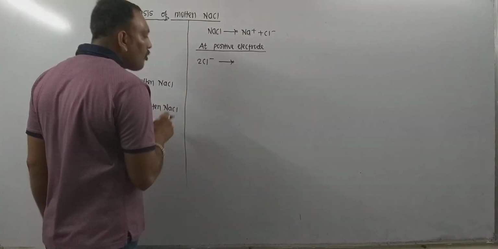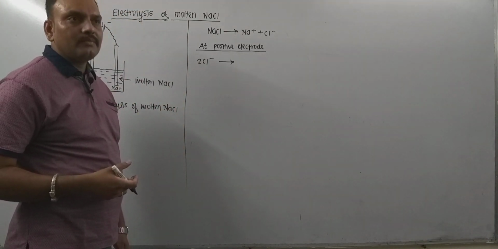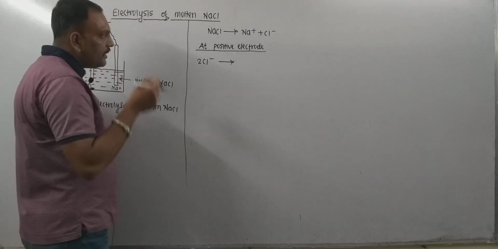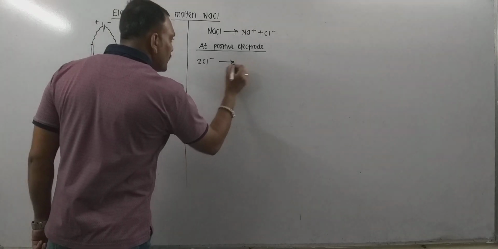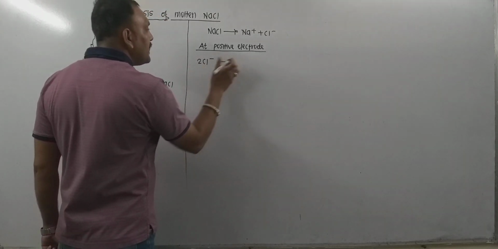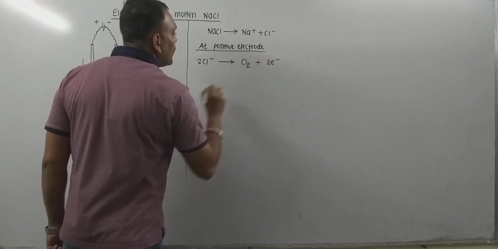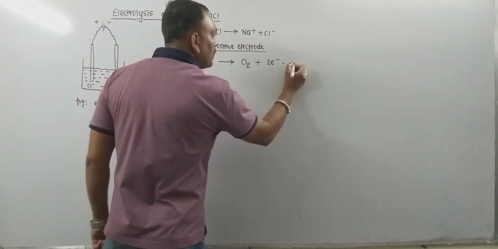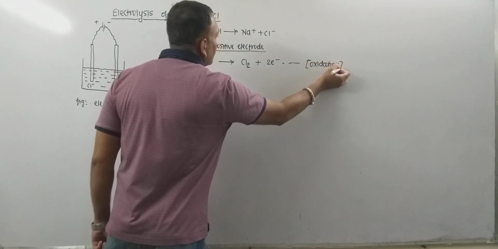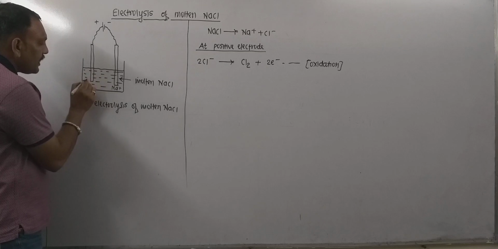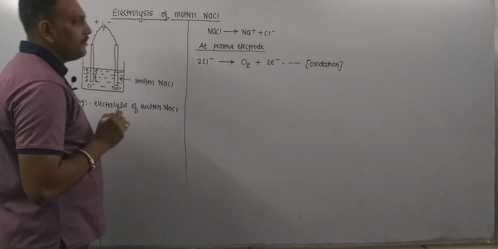By losing electrons, chloride ions discharge, and thereby liberation of chlorine gas takes place. On oxidation, chlorine gas gets liberated and electrons get set free. Remember, this is the process of oxidation. Thus, at this electrode, effervescence of chlorine gas can be seen.